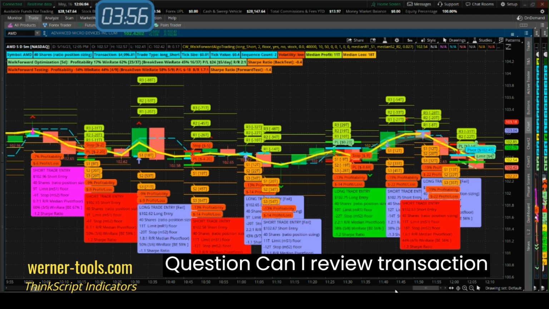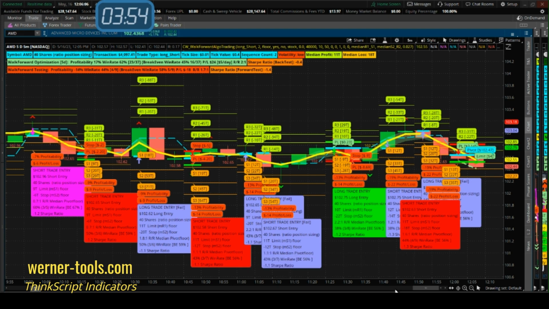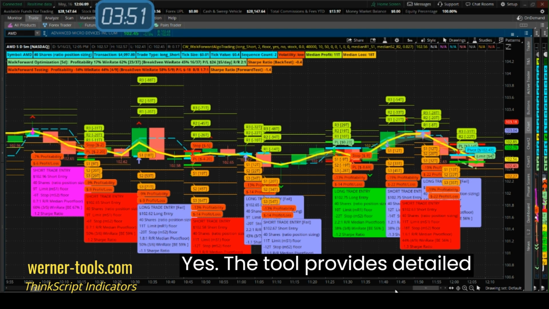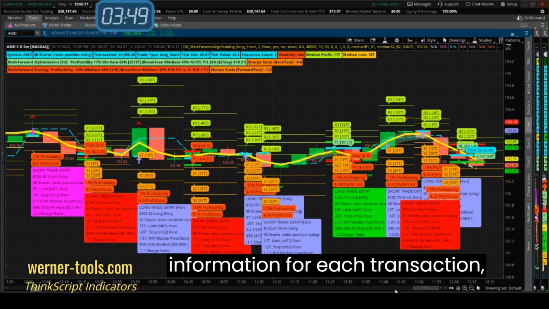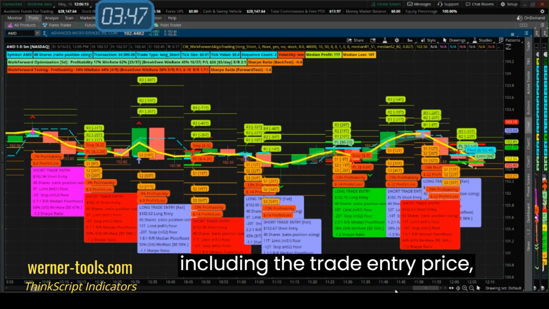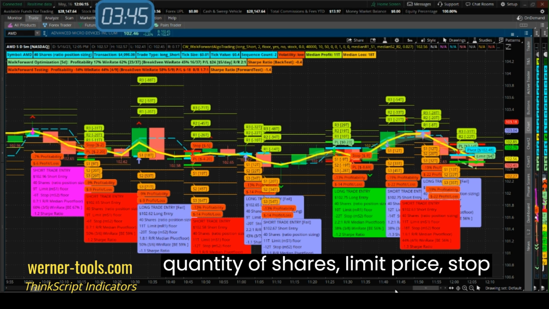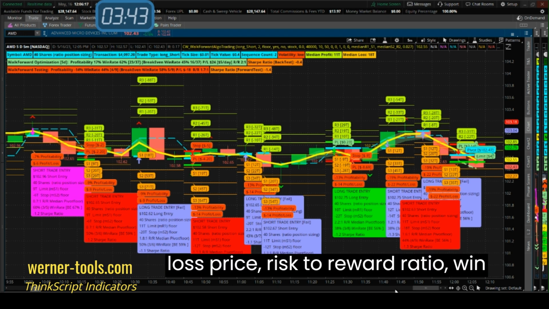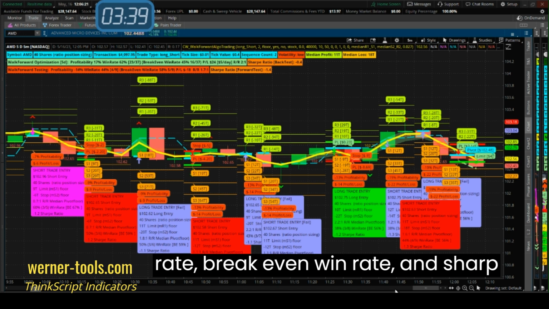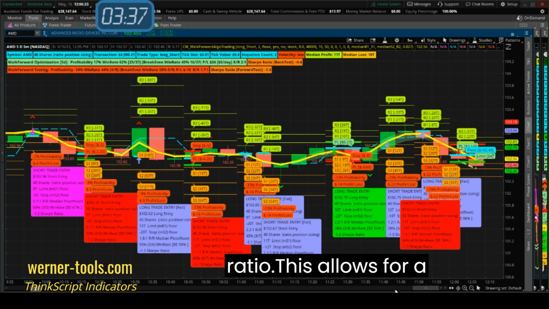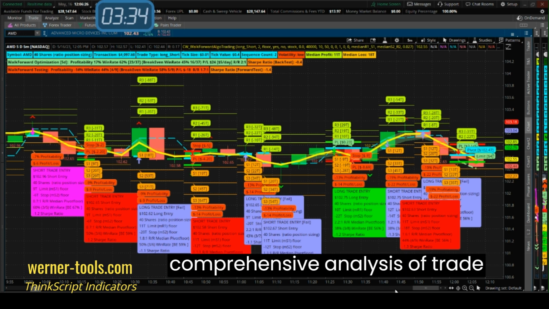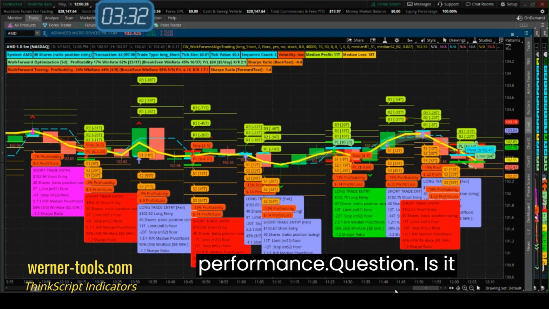Question: can I review transaction details for each trade? Yes, the tool provides detailed information for each transaction, including the trade entry price, quantity of shares, limit price, stop-loss price, risk-to-reward ratio, win rate, break-even win rate, and Sharpe ratio. This allows for a comprehensive analysis of trade performance.